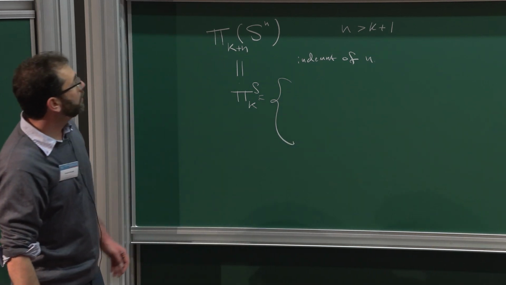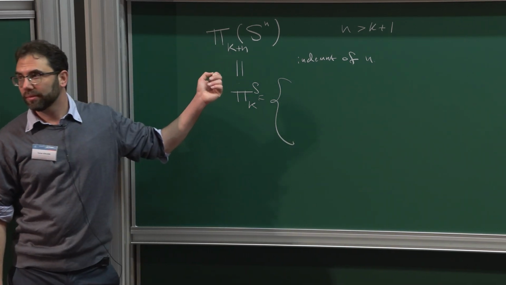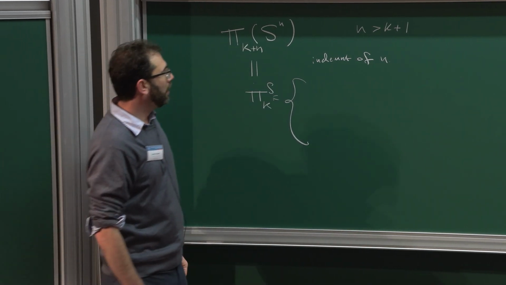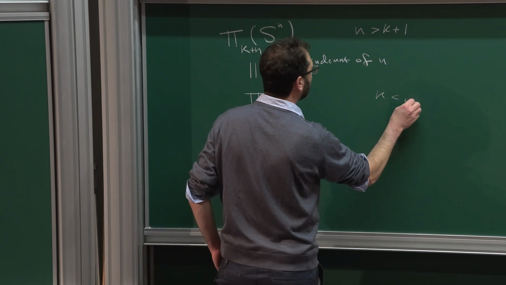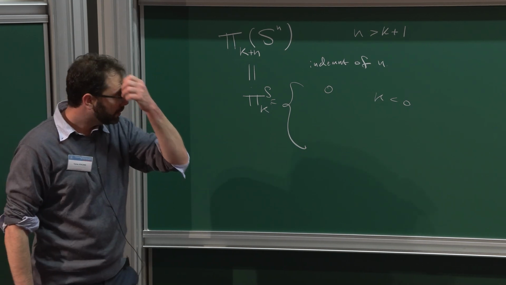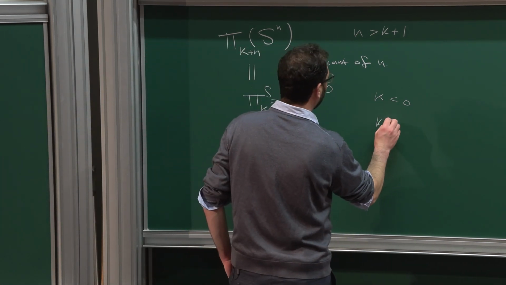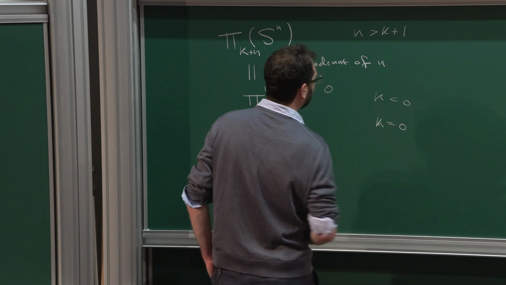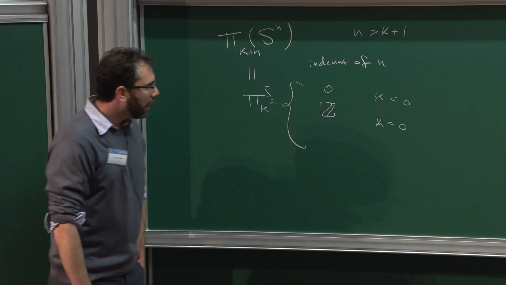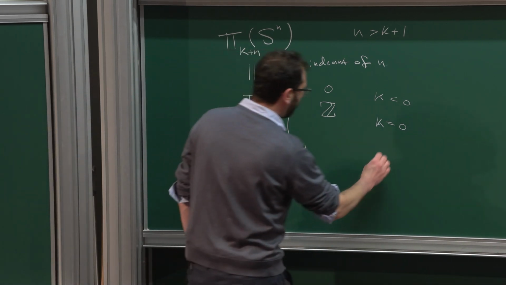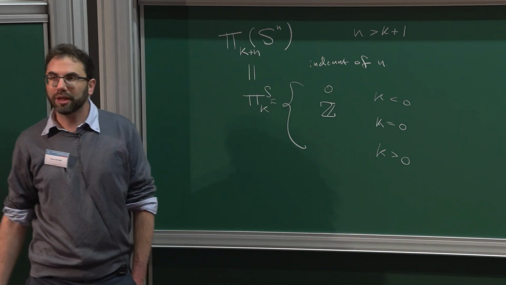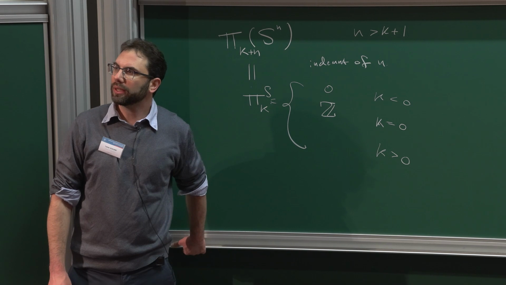So what do we know about it? Well, as I just said, if this number is smaller than this number, it's 0. So what it means is that when k is negative, this stable value is 0. Pi_n of S^n is Z, so when k equals 0, this is Z. And the motivating problem would be understanding what happens when k is positive.